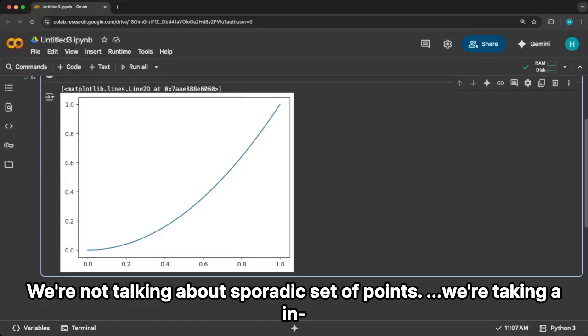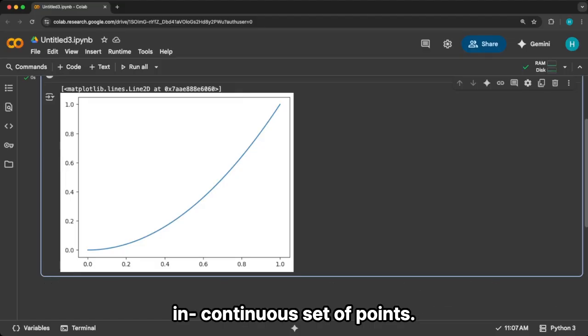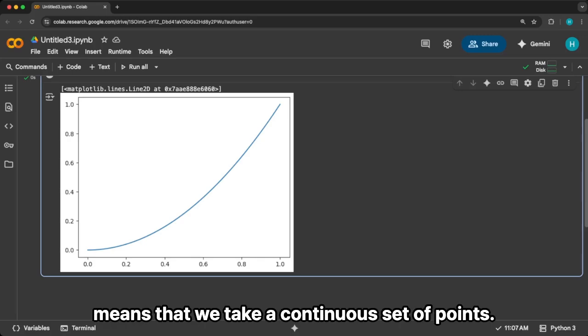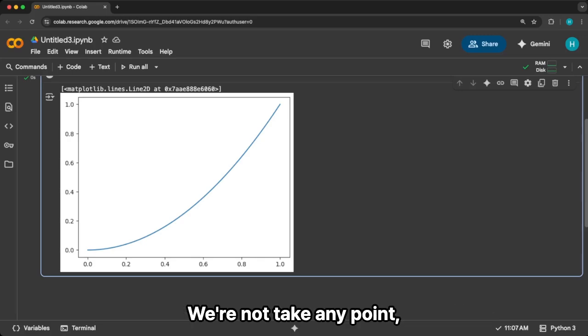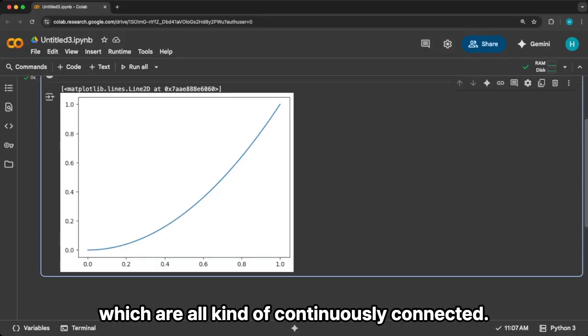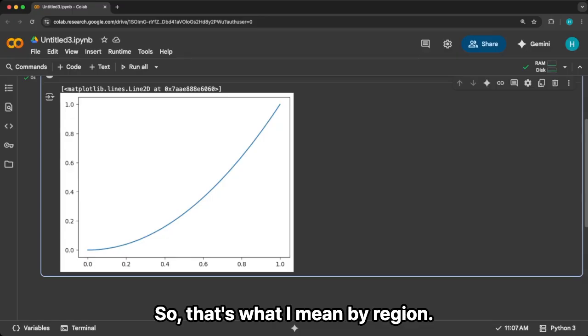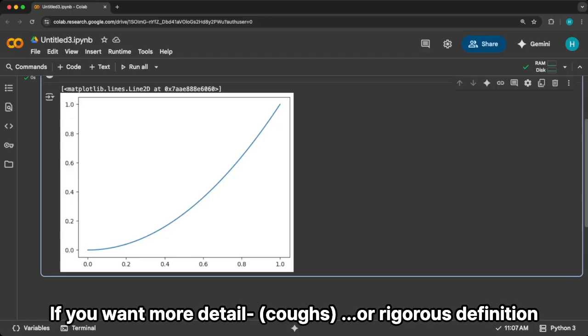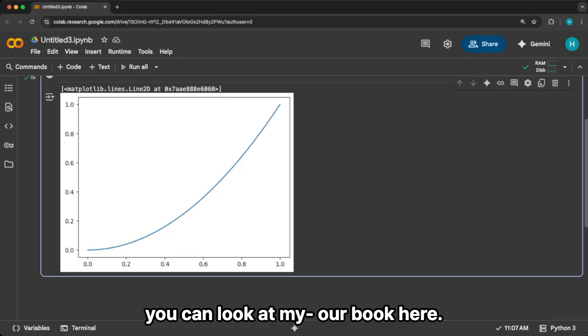Also, when we take a region, we take a continuous set of points, not just any set of points. We just take a square region or circular region, which are all continuously connected. That's what I mean by region. If you want a more detailed or rigorous definition, you can look at our book here.